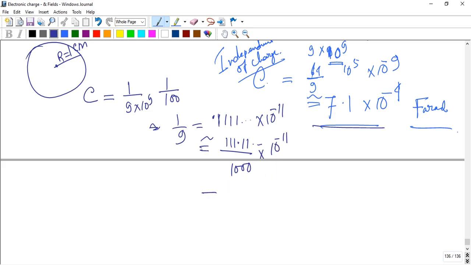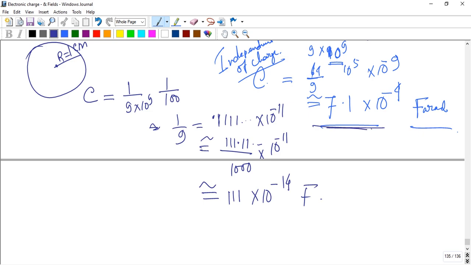That is too much of a huge value actually. Actually, you get almost 111 into 10 to the power minus 14 farad. Sorry, minus 14 farad.